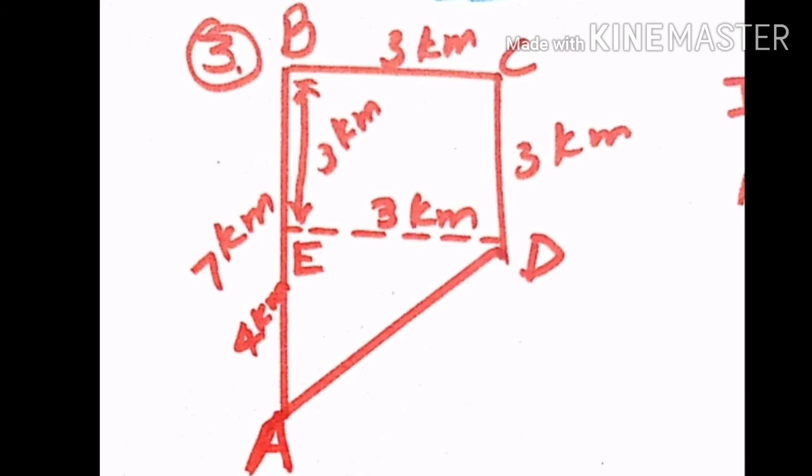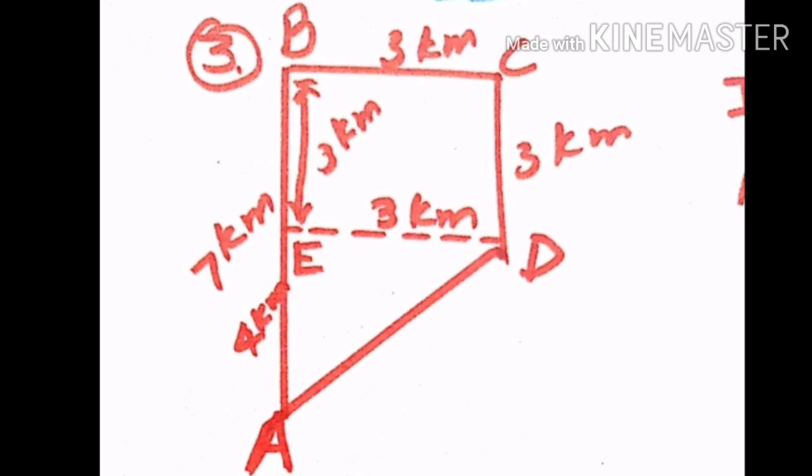So we want to find how far he is, means how far D is from the starting point A, means we want to find our distance AD here. So you can see the figure. I have shown first of all AB is 7 kilometers, but I have joined here ED.